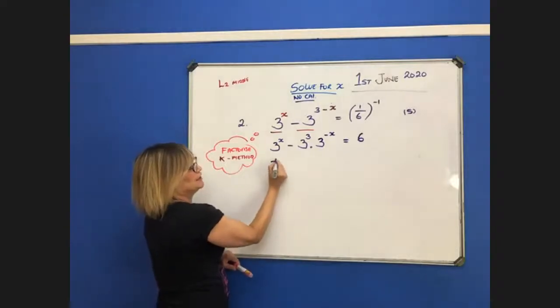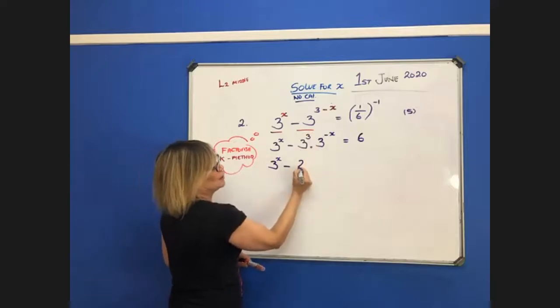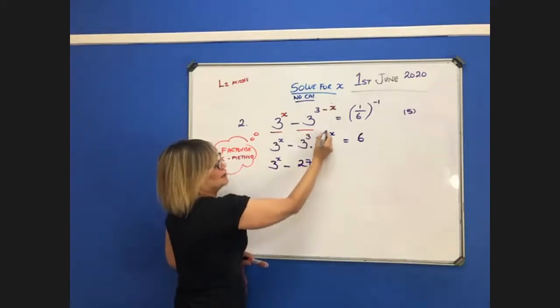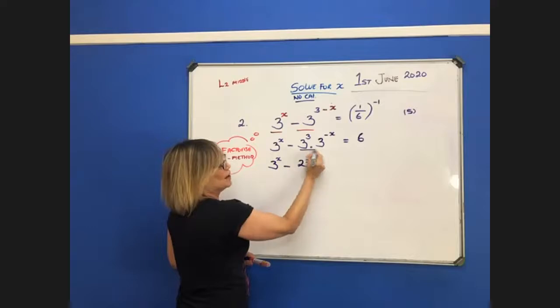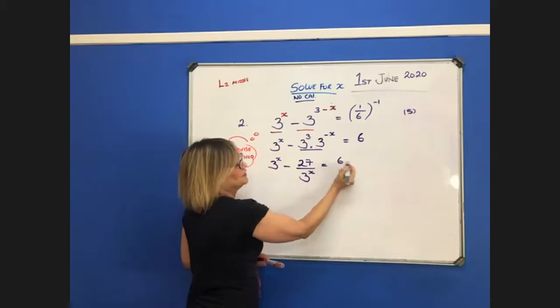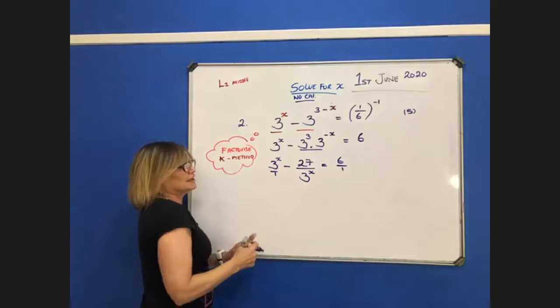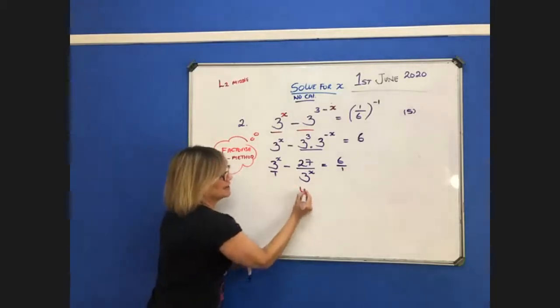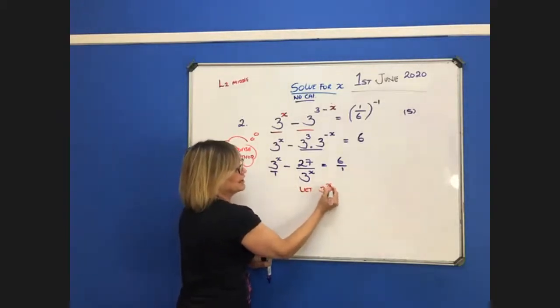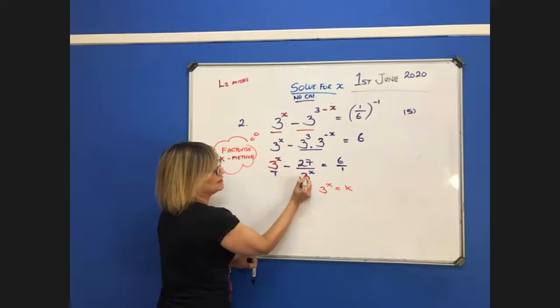You've got 3 to the x minus 3 to the exponent of 3, which is 27. Now, to make that variable positive, it's one term, so you can put the 3 to the x at the bottom, then the x becomes positive. I'll even leave the 6 there for now, over 1. Can you see, I'm going to say let 3 to the x equal k. There is your 3 to the x, and it's there as well.